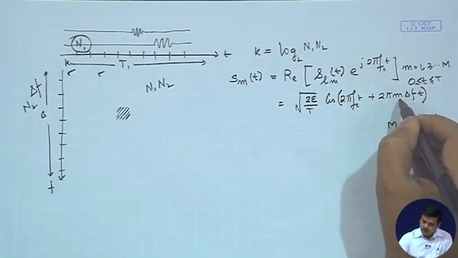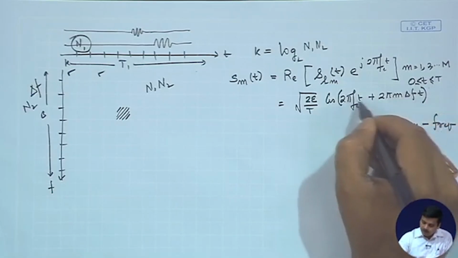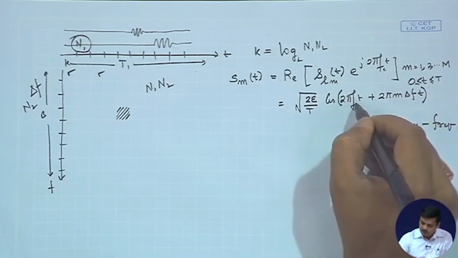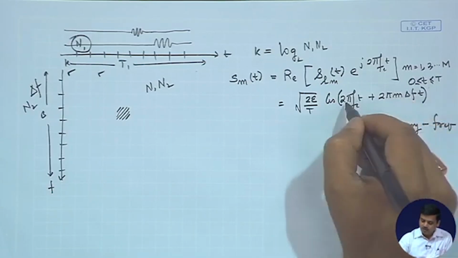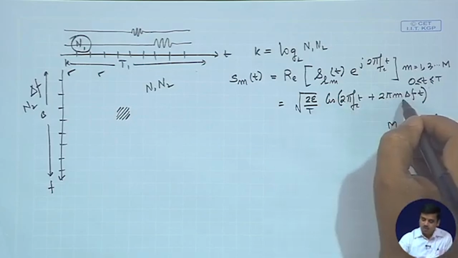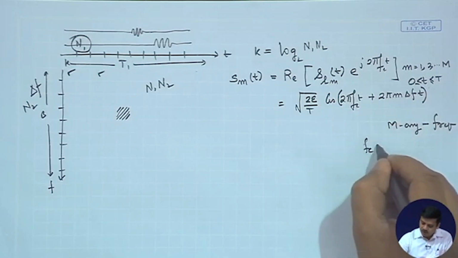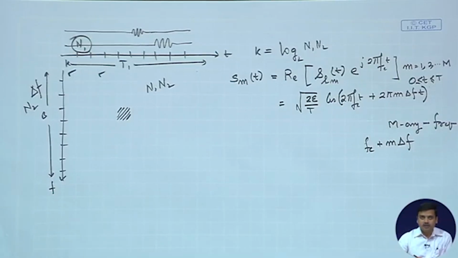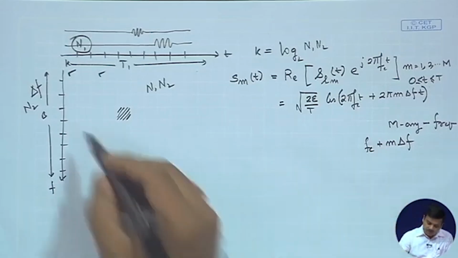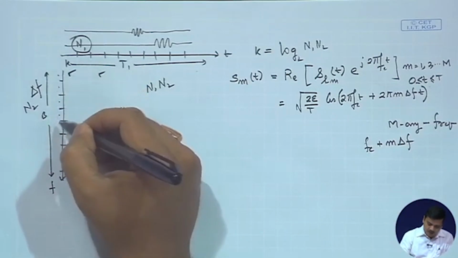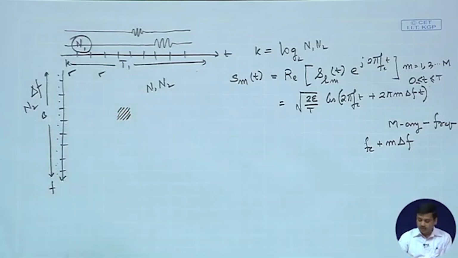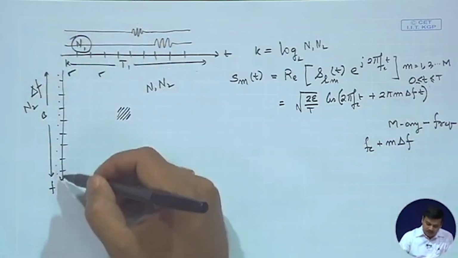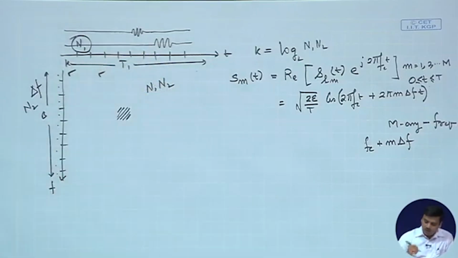Depending upon the choice of m, the total frequency would be 2 pi times f_c plus delta f, or f_c plus 2 delta f, or in other words you could say f_c plus m delta f is the choice. So, depending on the value of m, you would be selecting any one of these frequency bands. So, we are talking about only the selection of one of the frequency bands over here.